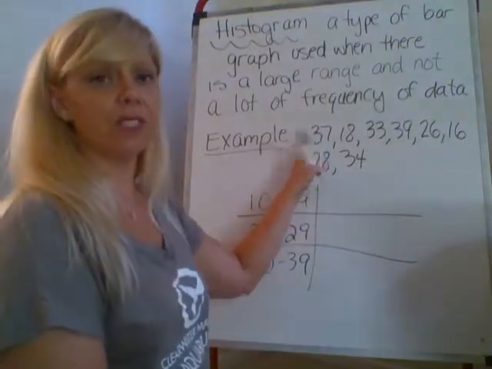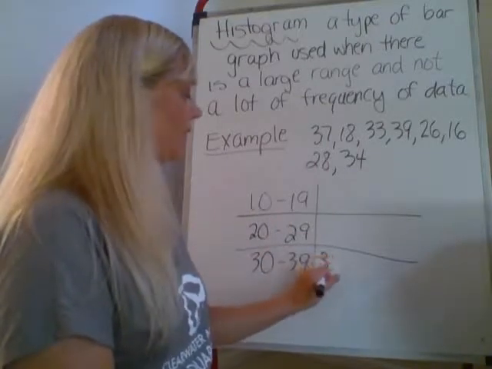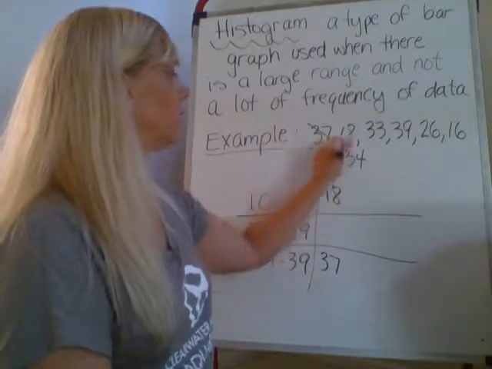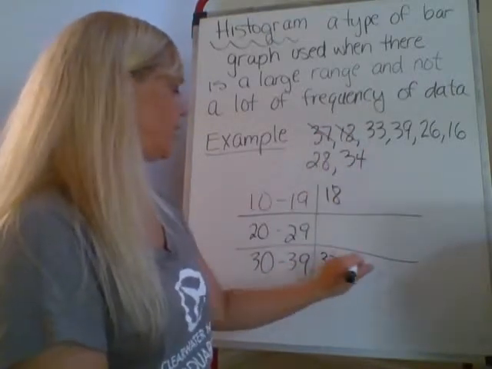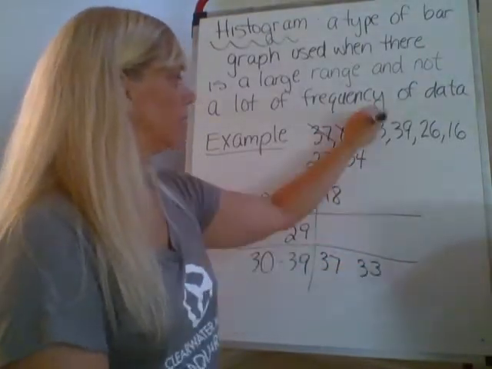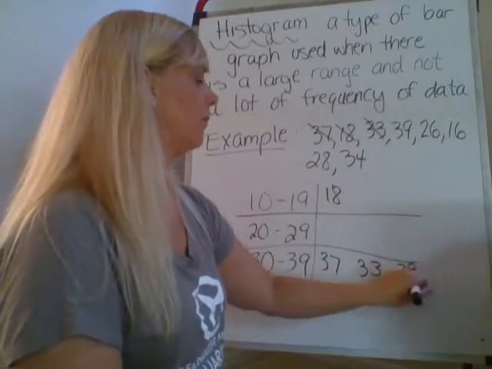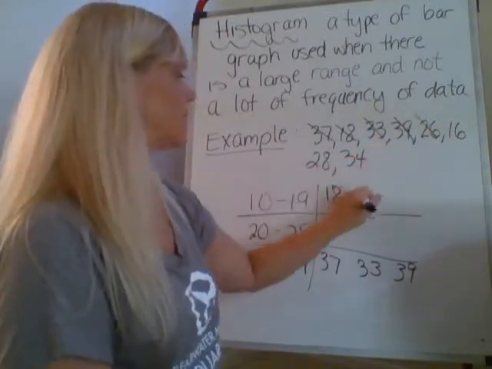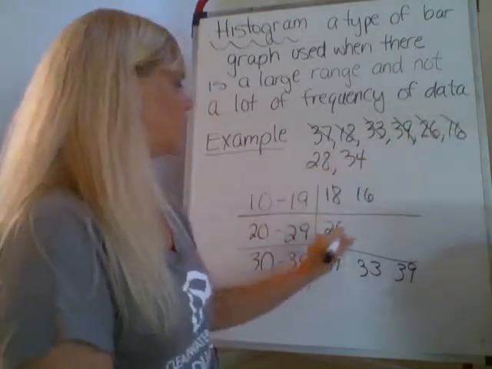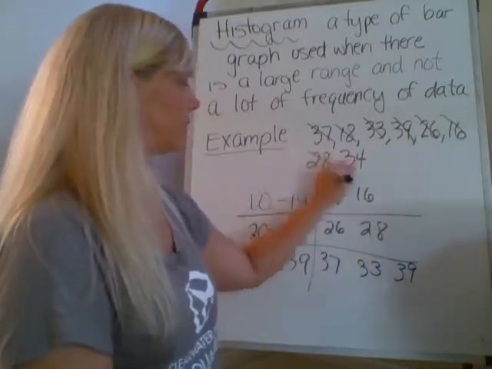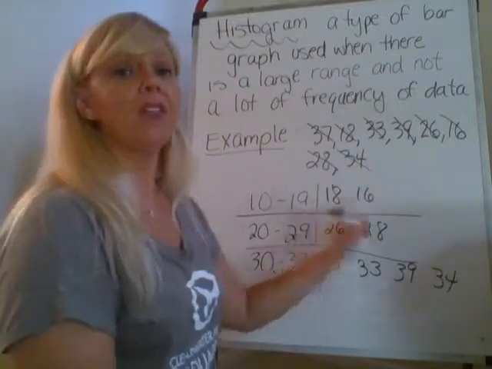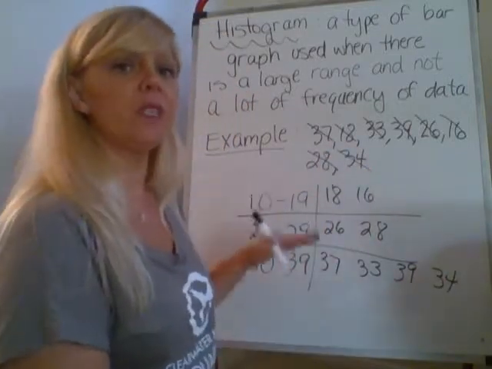So if I have 37, 37 is going to go down here. 18 goes right here. 33 down here. 39. 26. 16. 28. And 34.